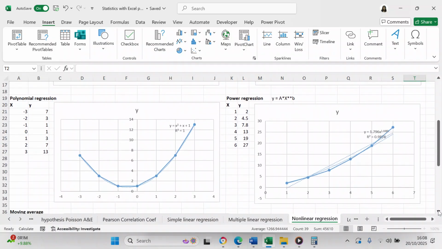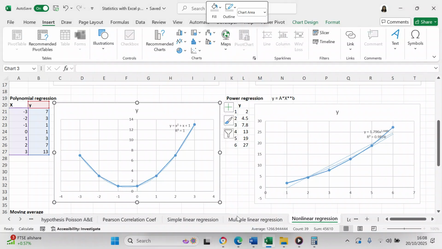Now we've got polynomial regression, and you've got x being a value of -3 to 3, and y being a value of 7 to 13. You can see here that we've made the polynomial regression.